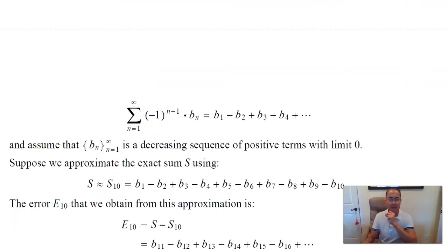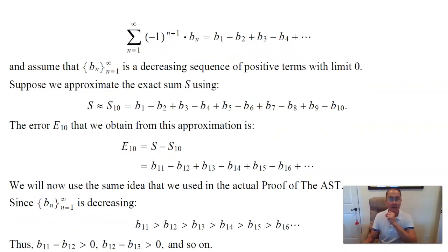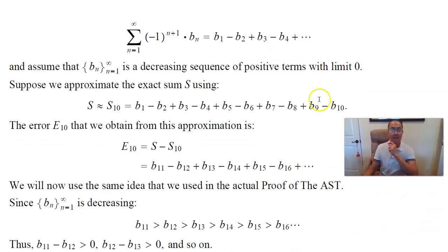Okay, so let's take a look at this alternating series. Let's start with b1 minus b2 plus b3 minus b4 and so on. We will approximate this alternating series with S10. Okay, so we will add up to plus b9 minus b sub 10. Now what did we say?